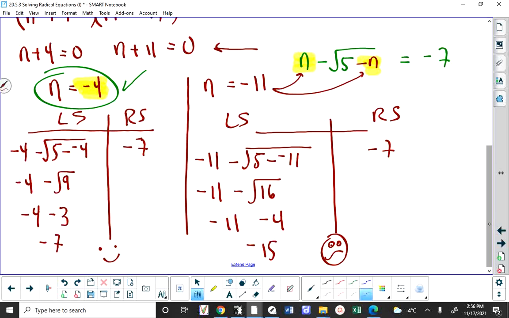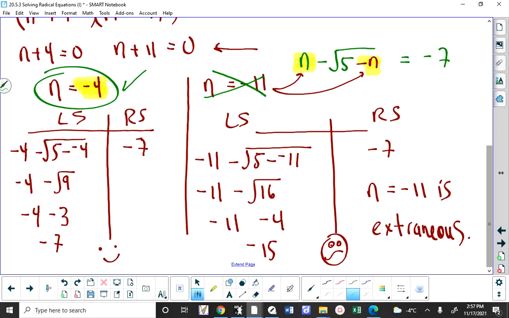So negative 11 is not a solution. Negative 11 is called an extraneous root. What does that mean? It means it's not a solution.